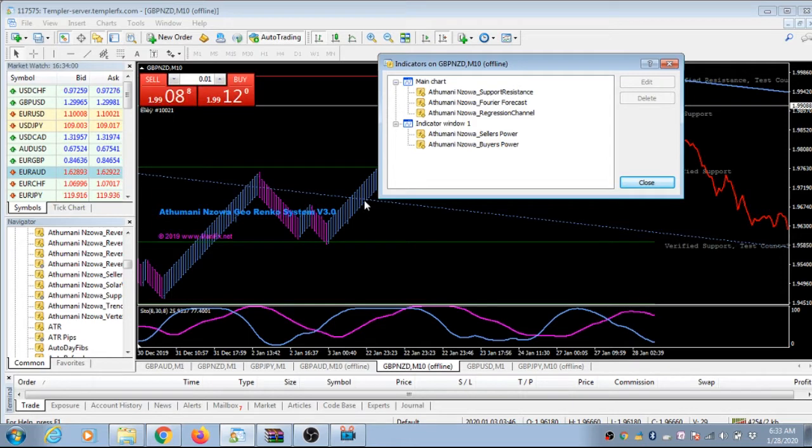In fact, my system is composed of 5 indicators, and some of the indicators that I have removed include the arrows, because at the end of the day I found them useless for 2 reasons. First of all, they repaint, and the second reason is that they give alerts, which tend to make the system heavy.